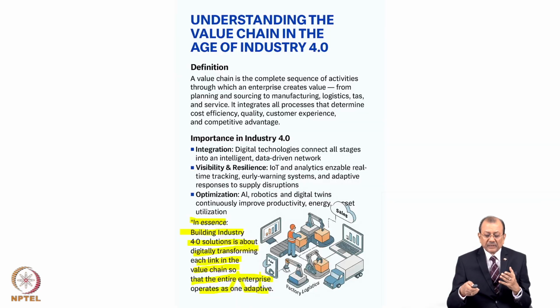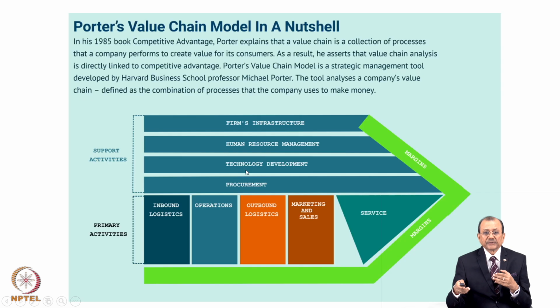Now, when industry has examined this, the Porter value chain model is still applicable, to quite a great extent I will say, to Industry 4.0 as such. A value chain of Industry 4.0 is the complete sequence of activities through which an enterprise creates value, from planning and sourcing to manufacturing, logistics, and services. It integrates all processes that determine cost efficiency, quality, customer experience, and competitive advantage. This is what we have studied in Porter's value chain model.